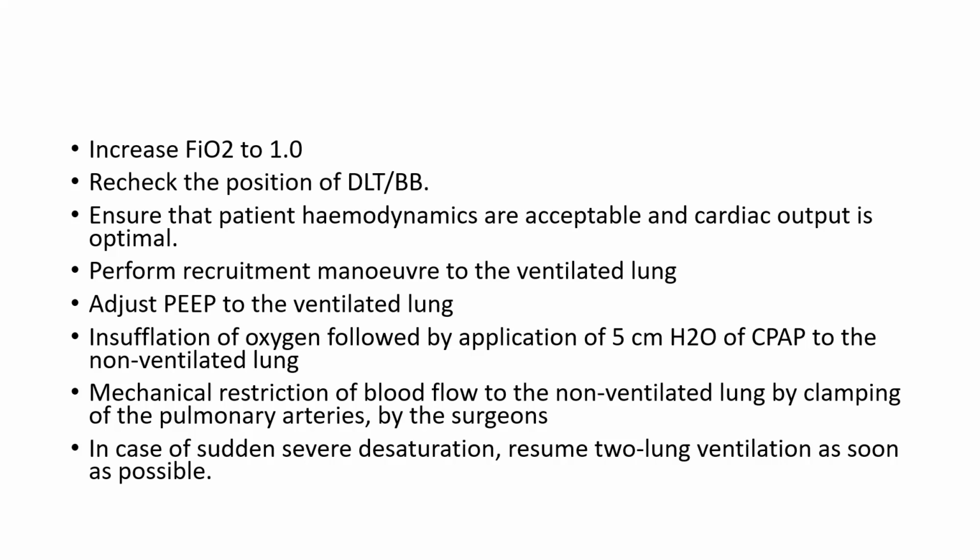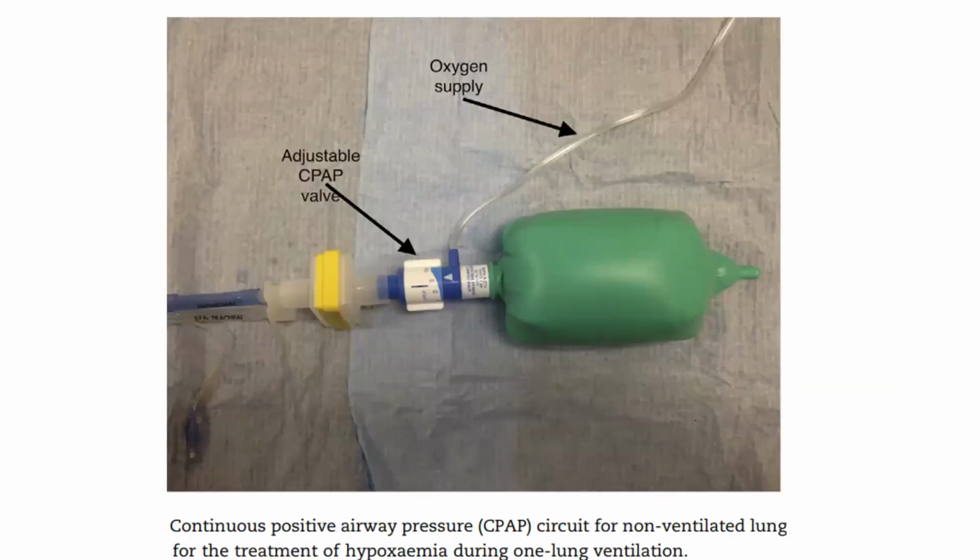One of the final things that the surgeon can do is clamp the pulmonary artery so that there is no blood flow to the non-ventilated lung, and it will effectively reduce the shunt. If feasible, like in a patient who is undergoing pneumonectomy, then that can be done. And this is a device that can provide CPAP to a non-ventilated lung.